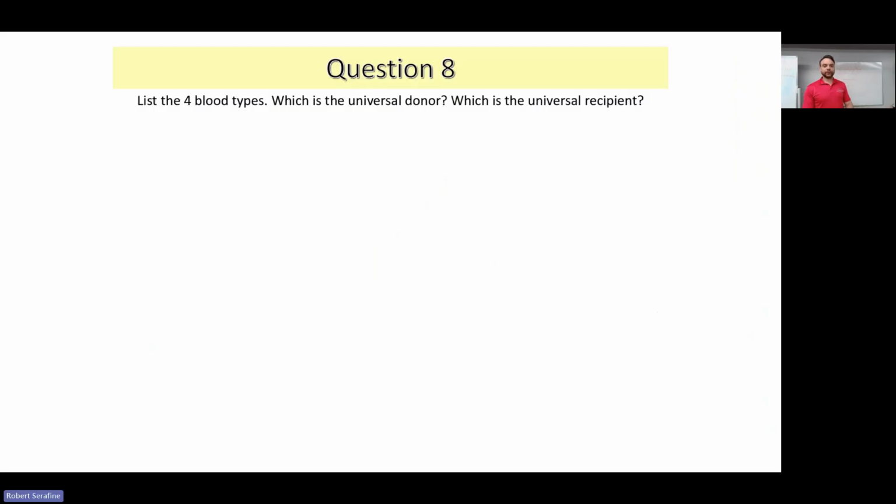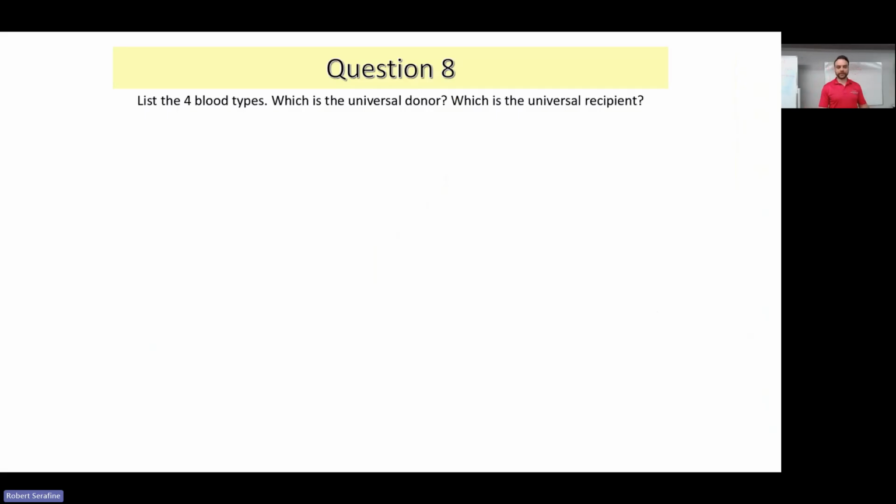Now, when it comes to blood, I'm sure you've heard that you have a blood type. There are 4 generic blood types. And paying attention to them, we have what's called universal donors and universal recipients. So what exactly is the thing that's giving us our blood types? Well, our red blood cells have on them what's called antigens.